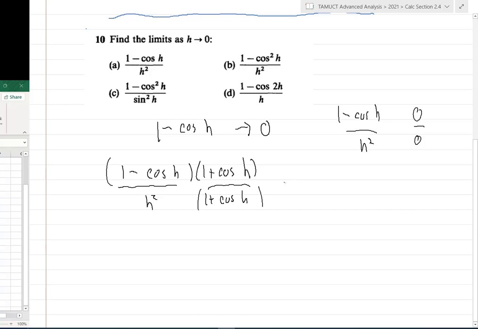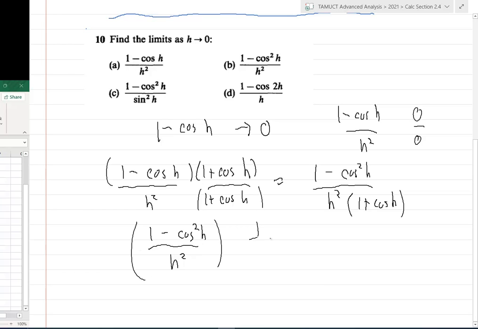That gives me 1 minus cos h times 1 plus cos h, which is 1 minus cos squared h, and then at the bottom I have h squared and then 1 plus cos h. Now this numerator should look familiar, so I can isolate this into two parts: this here, times 1 over 1 plus cos h.